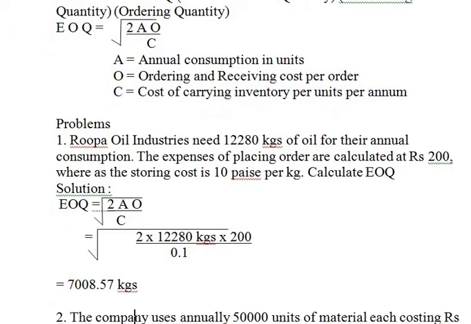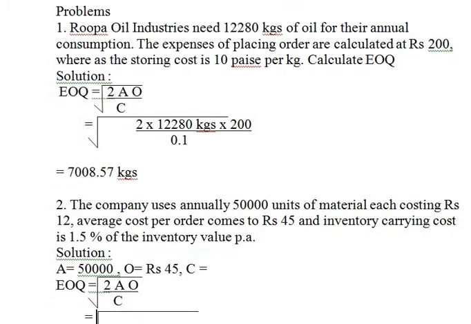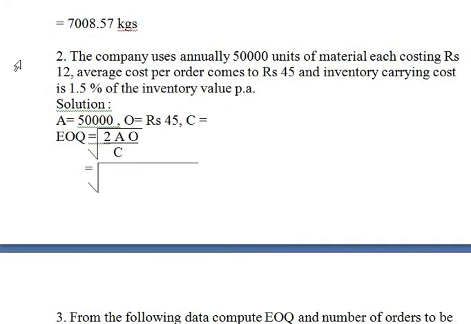We will solve another problem. Such simple problems you will get from this. Now there is another problem. The company uses annually 50,000 units of material, each costing rupees 12.